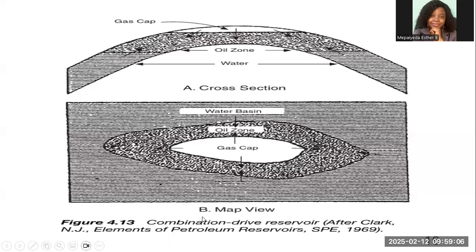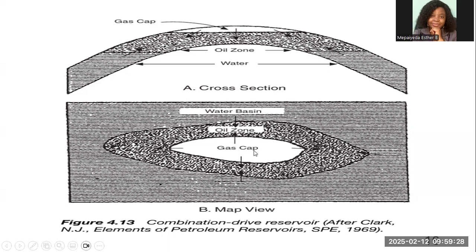Okay, so in cases where you have combination drive mechanisms, here you have the gas cap, and then you have the oil zone. Here you can have expansion that occurs within your oil zone, your solution gas expansion, and then the expansion from your gas cap.